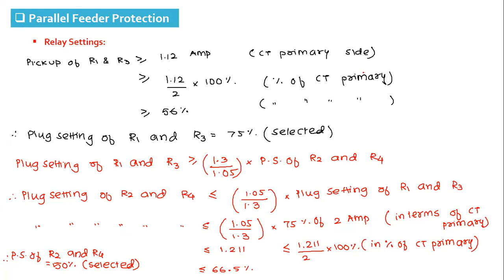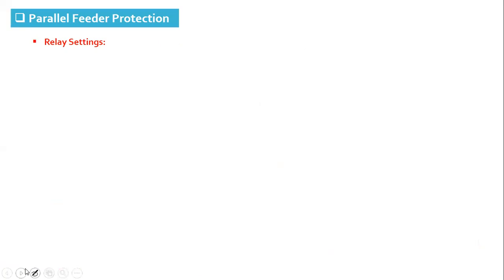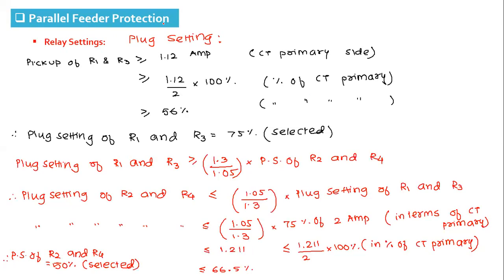The first setting that we have calculated is the plug setting, which decides the pickup of the relay. Now, the next setting that we want to find out is TMS, the time multiplier setting.